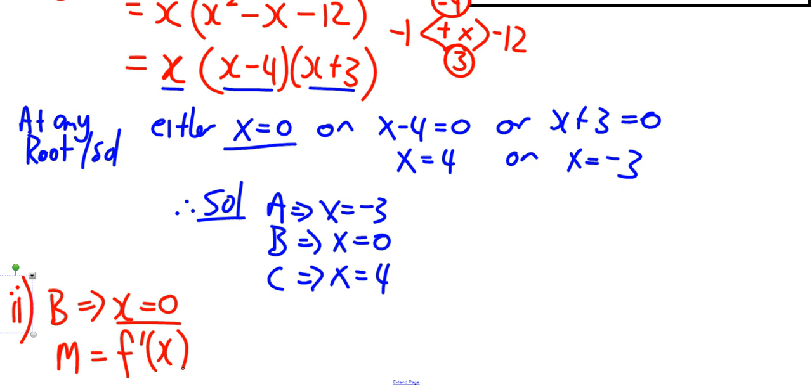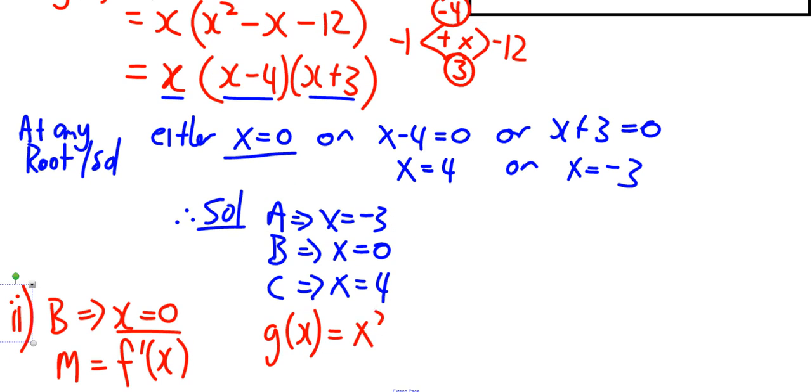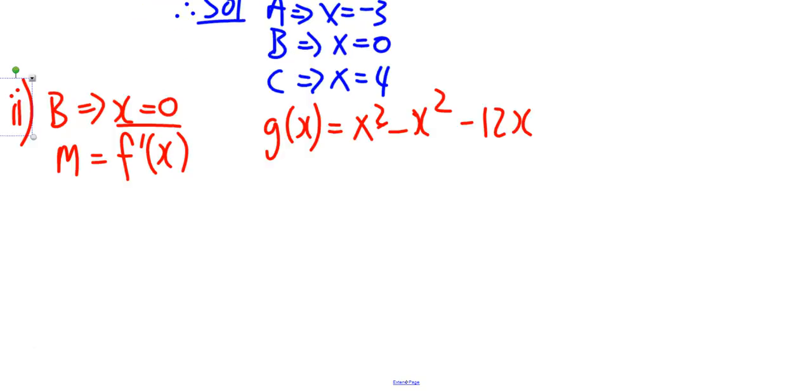So let's now first of all find, if we have our original function, which is x cubed minus x squared minus 12x, the derivative of that first.